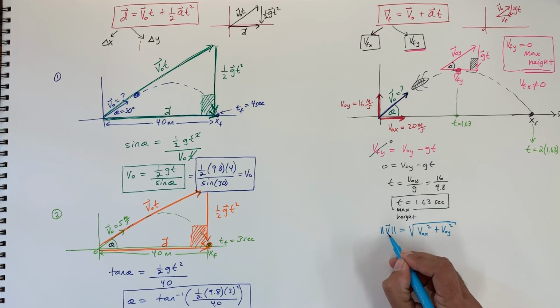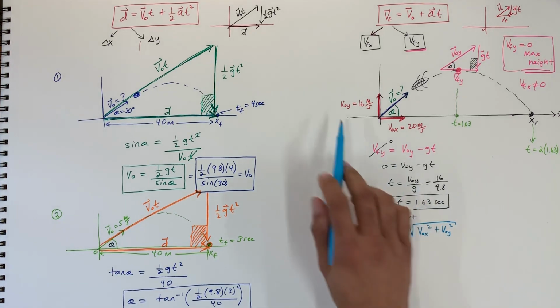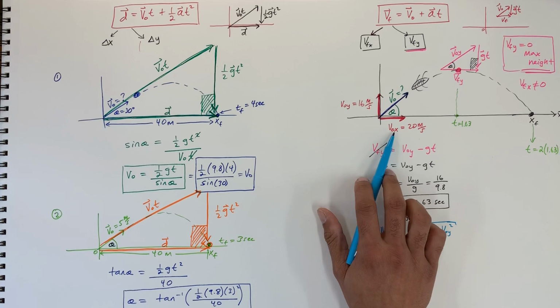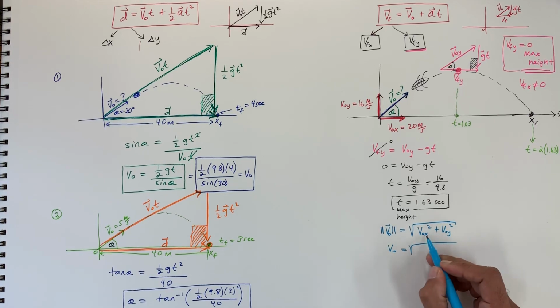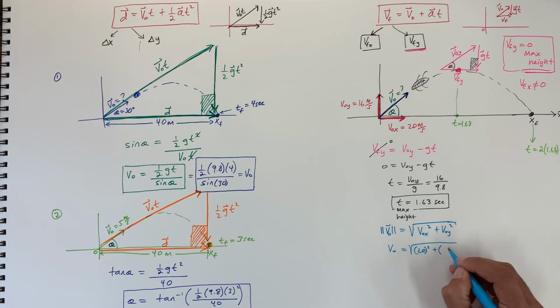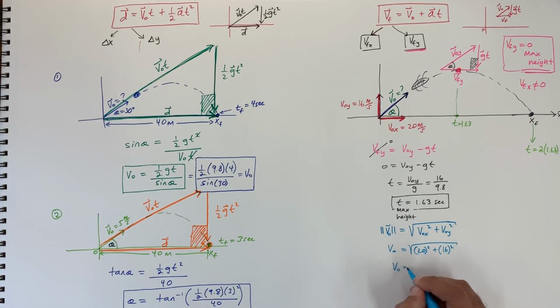And that means that this notation has to be velocity initial, because that's what we're interested in. Okay, so knowing that, we have these two values, right? We have v of the y equals 16 and v of the x is 20. So we have here the square root of 20 squared plus 16 squared, which gives us an initial velocity of 25.6 meters per second.